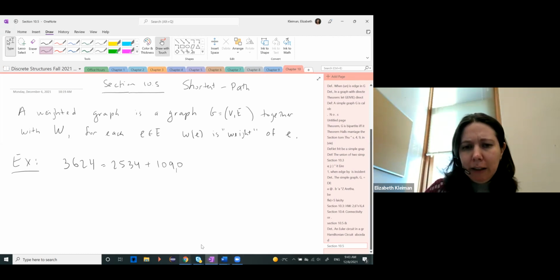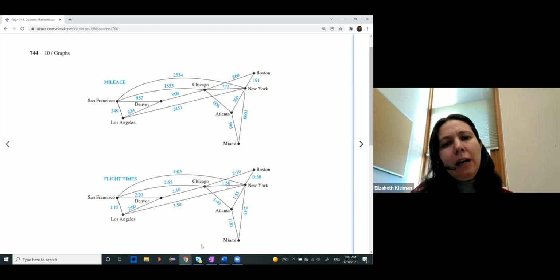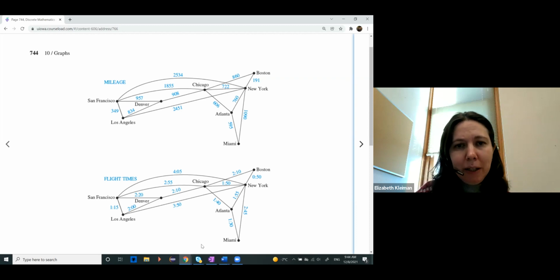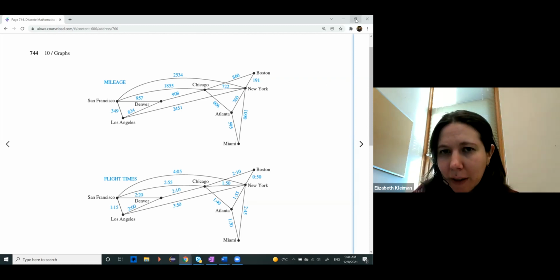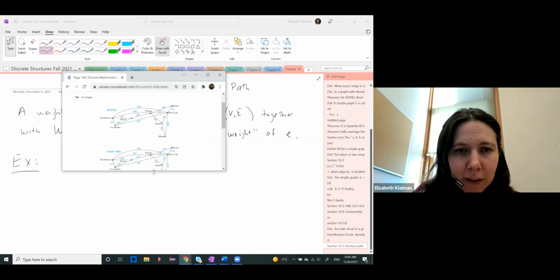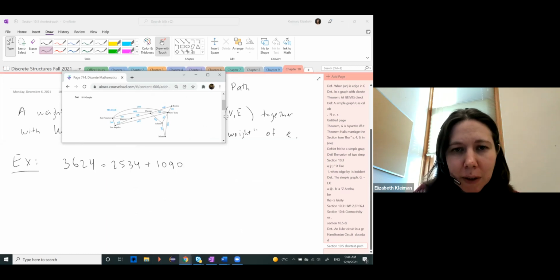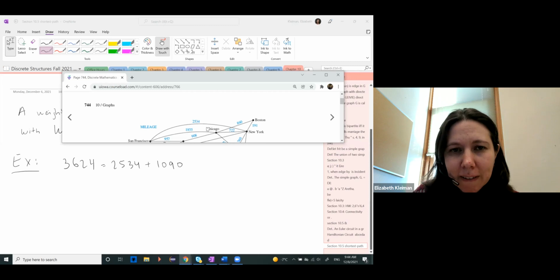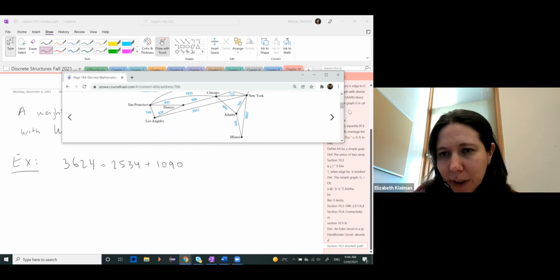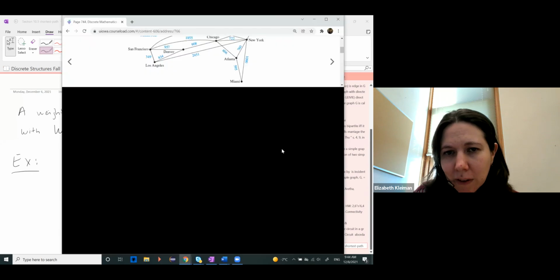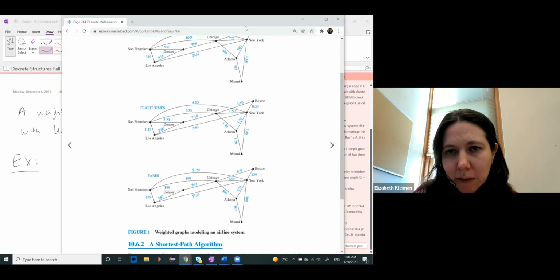Let's try another way. What if we go from San Francisco to Chicago and then to Atlanta and then to Miami? Let me make my graph a bit bigger and scroll a tiny bit. Here we go.